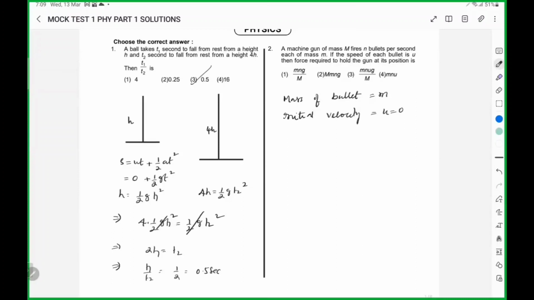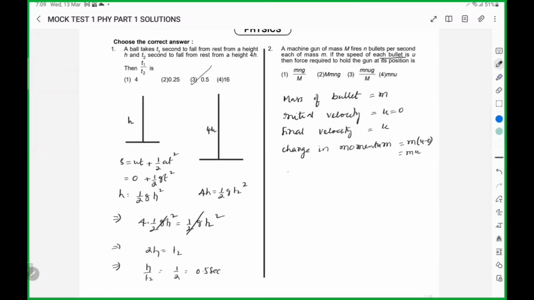So here the speed of each bullet is u, final velocity is u. So change in momentum is m into u.